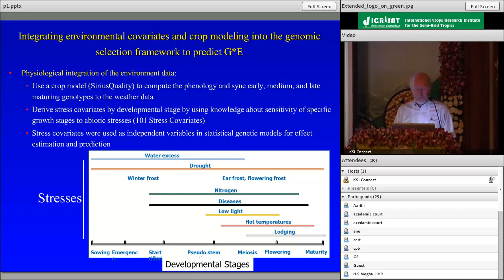The stress covariates were derived by developmental stage using information that we gathered from the literature about the sensitivity of different growth stages to different abiotic stresses. Then these stress covariates were used as independent variables in a statistical genetic model. And this just shows some of the various stresses that occur at different stages of development in the wheat life cycle.